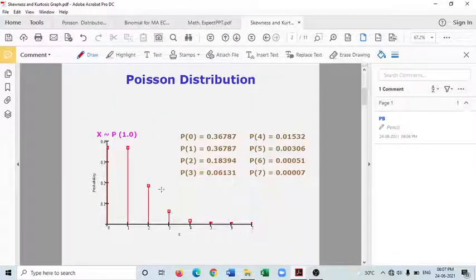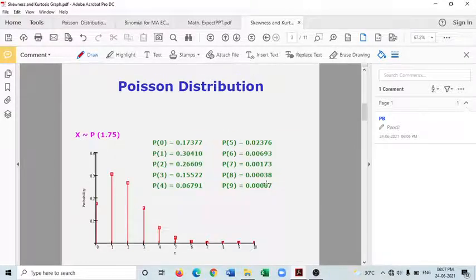Now, next we take a Poisson distribution with parameter lambda equal to 1.0. Here also we have a positively skewed shape. At the initial values of this random variable we have higher probabilities, and thereafter the probabilities get reduced as we come to higher values of x: 0.36787 at 0, the same at 1, and then at 2, 3, 4, etc. the probabilities are reduced.